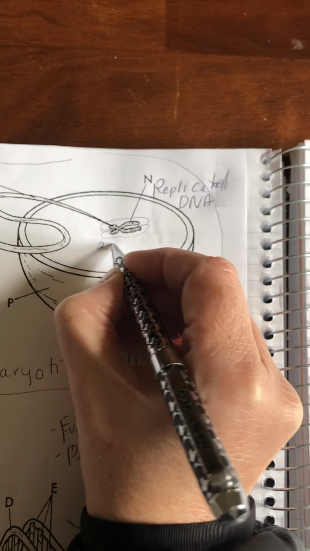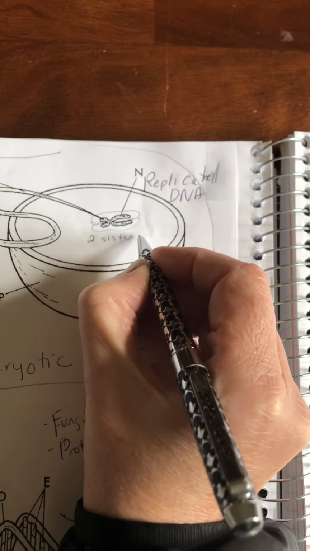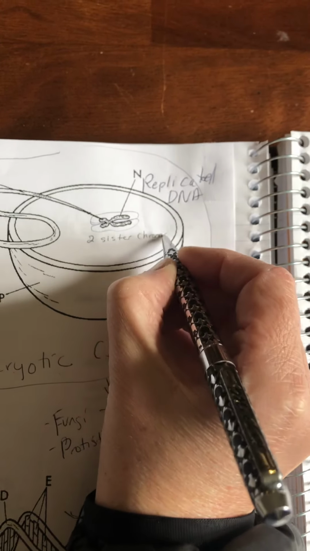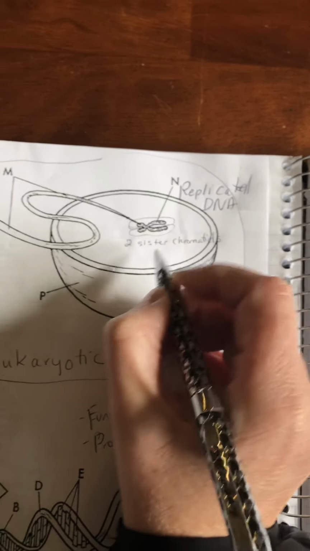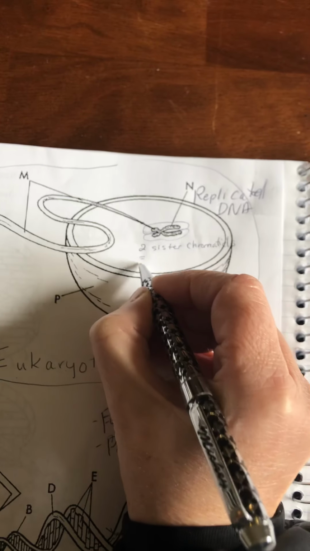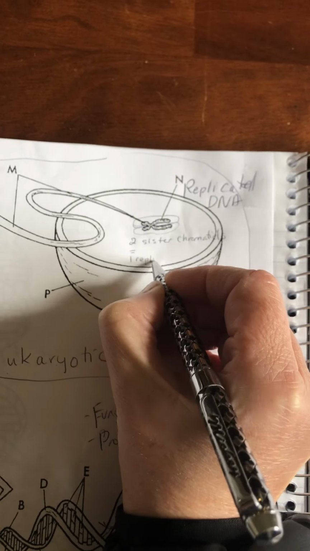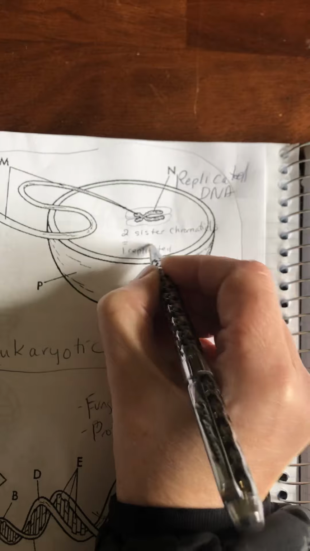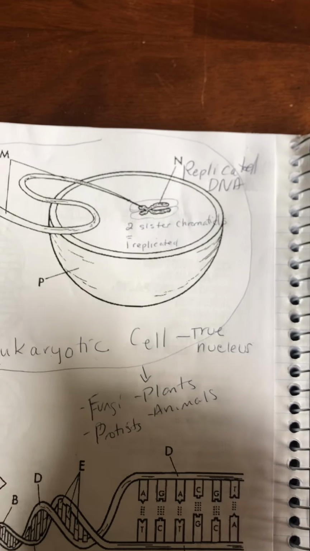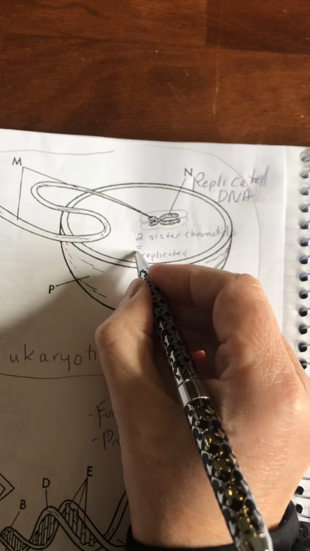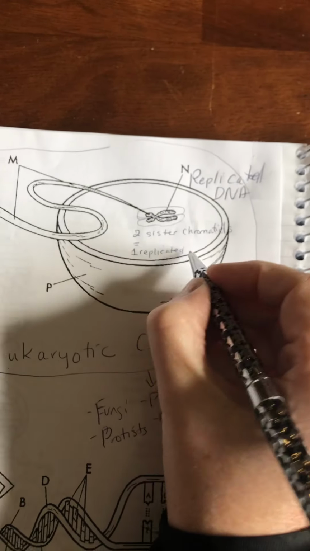So I'm going to write two sister chromatids, T-I-D-S. Okay, so that equals one replicated strand of DNA. We call that strand of DNA a chromosome. So this is one replicated chromosome.